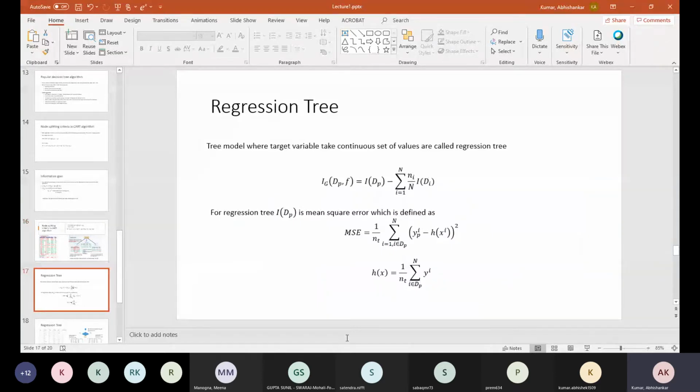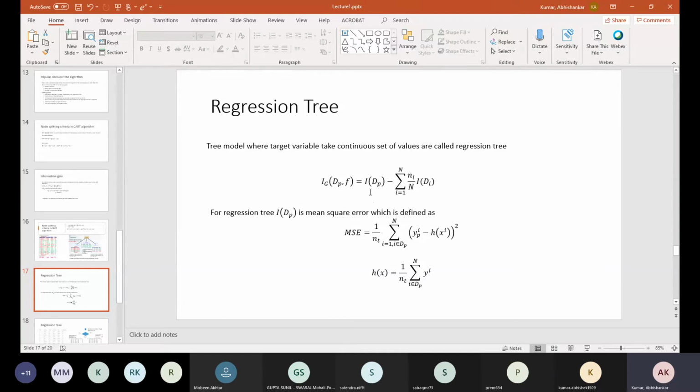And for regression, how do you do it? What will be your target for regression? It is a continuous variable, correct? Yes, sir. To minimize the mean square error.